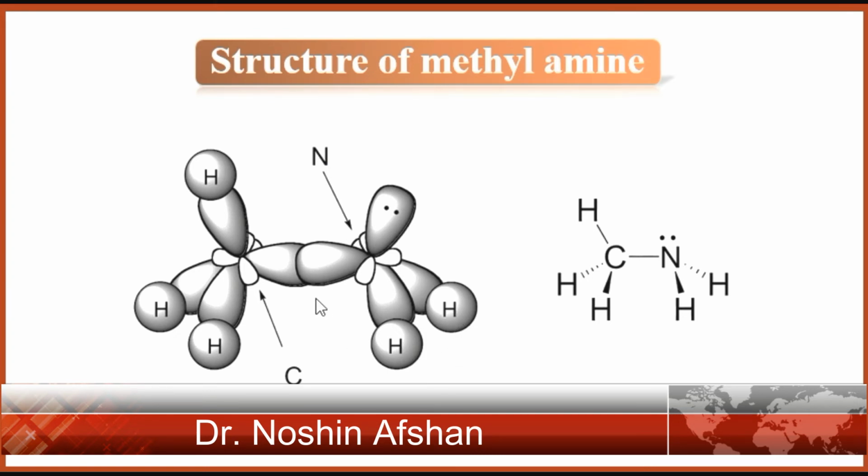So in this way, along both of these carbon and nitrogen atoms, the geometry would be tetrahedral and the bond angle would be 109 degree. So this is the compound having a structure representation according to sp3 hybridization.